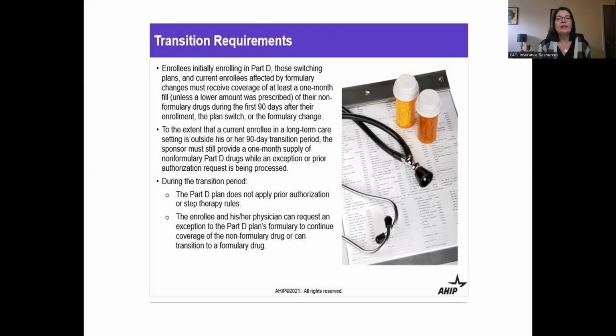So the 1 month could be potentially to try a different drug, or it could be to process an exception or prior authorization so that the plan will continue to pay for that drug. During the transition period, they don't apply the prior authorization or step therapy rules, and then there can be an exception.